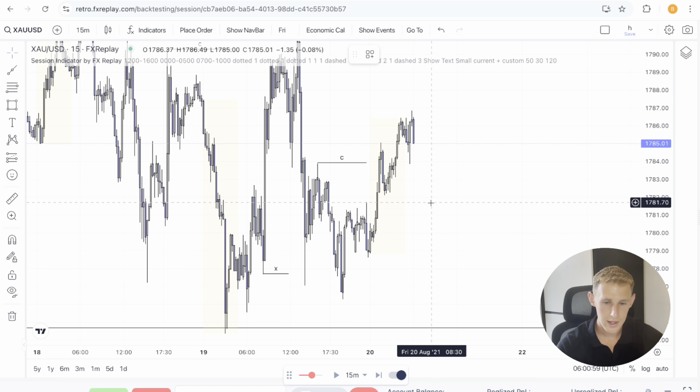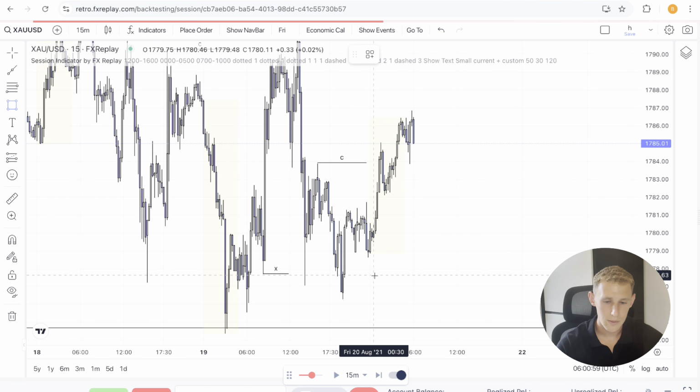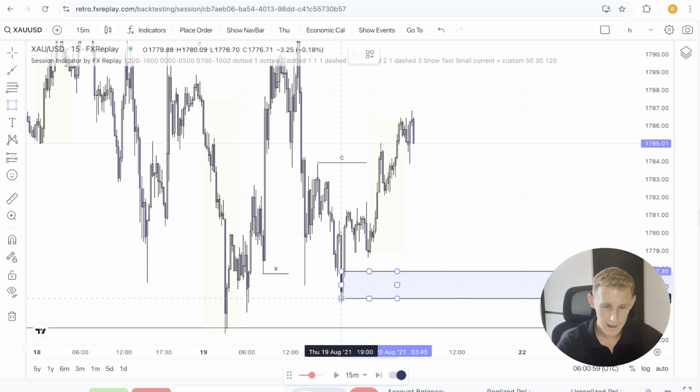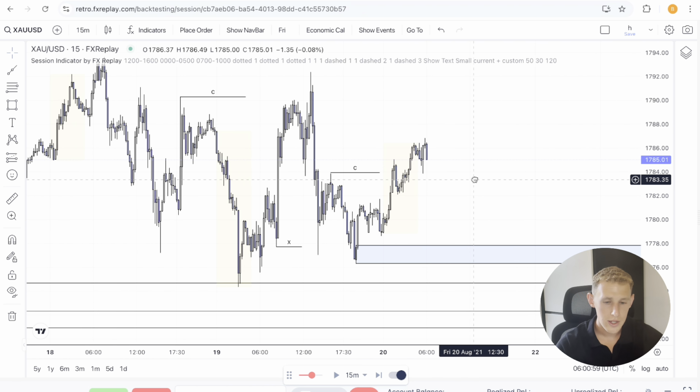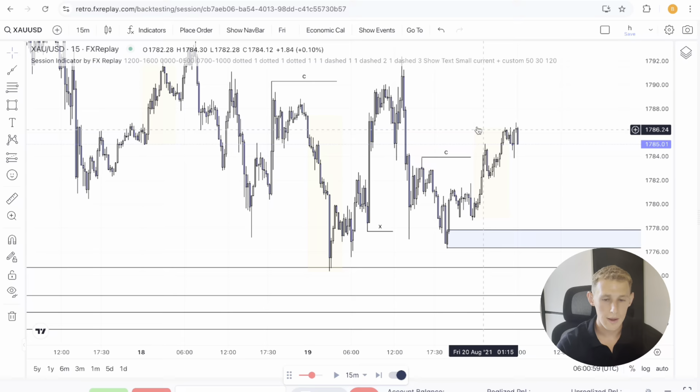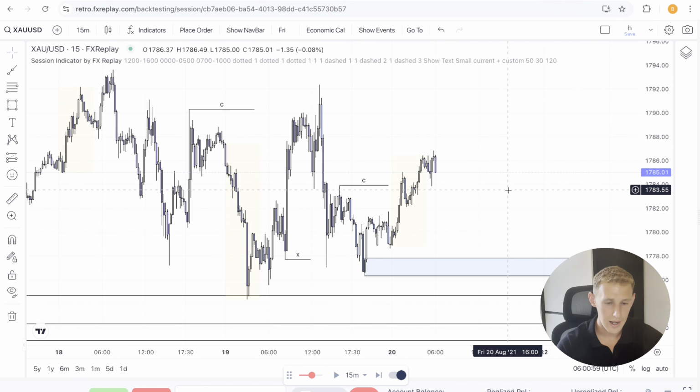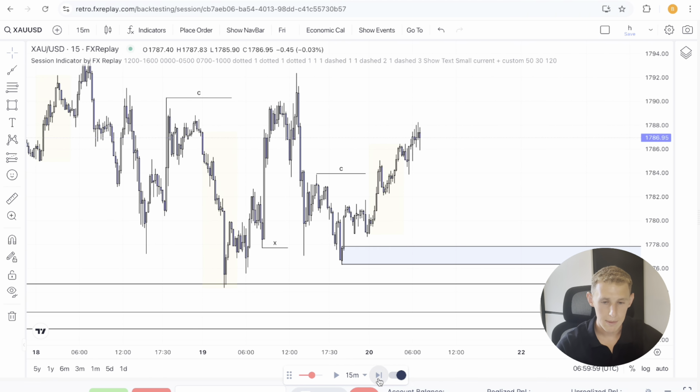And where could we enter from? Okay, so notice price swept these lows. We have this area of demand down here. I would want another confirmation on this one just because price did move quite far away from it. But if we could see something like that, then I'd be happy to enter.